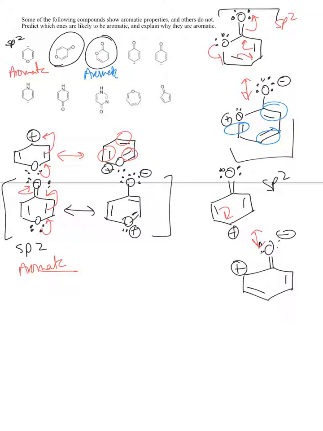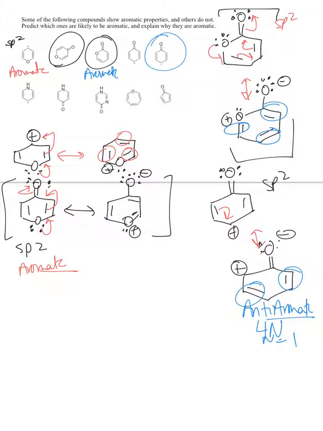There's no way to really get those electrons in the ring, so this would have only 4 pi electrons, which would make it anti-aromatic. That would be anti-aromatic because it is 4n, where n equals 1.